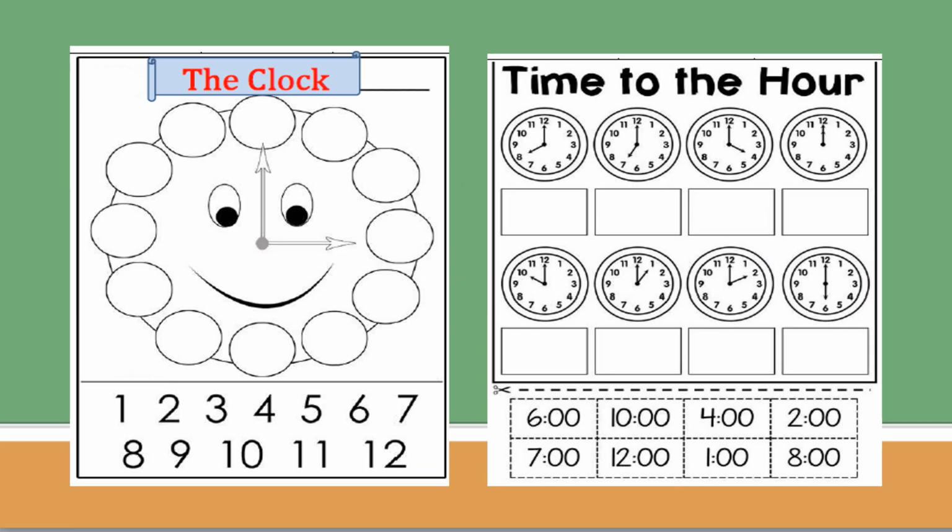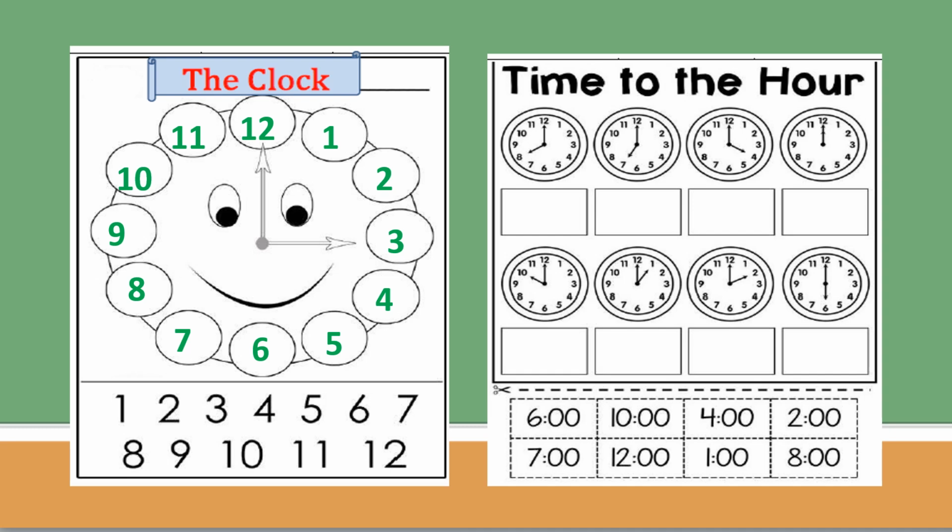Let's answer our math booklet, page number 95. We said before that analog form starts from 1, 2, 3, 4, 5, 6, 7, 8, 9, 10, 11, 12. So it starts from 1 to 12.